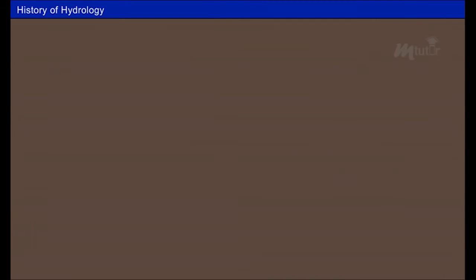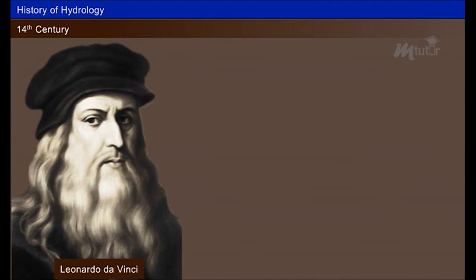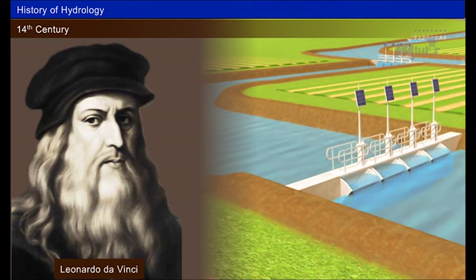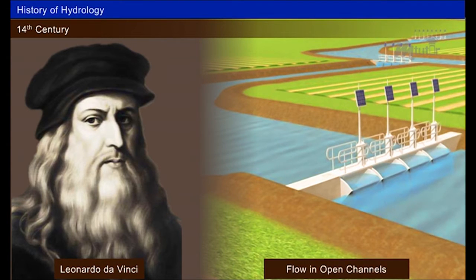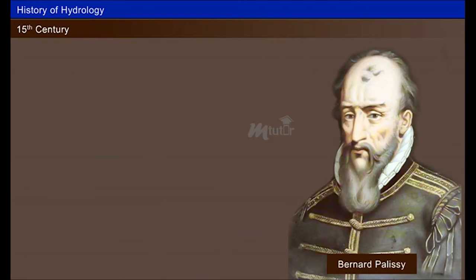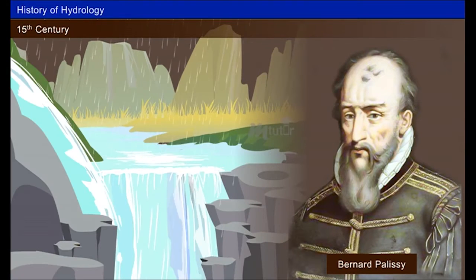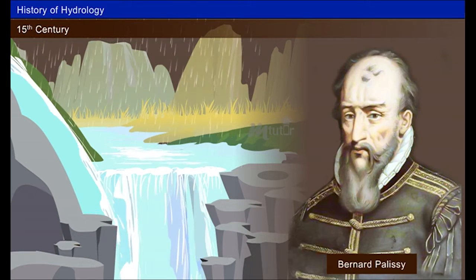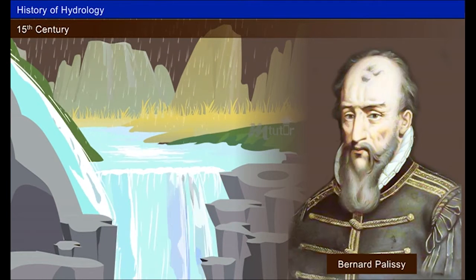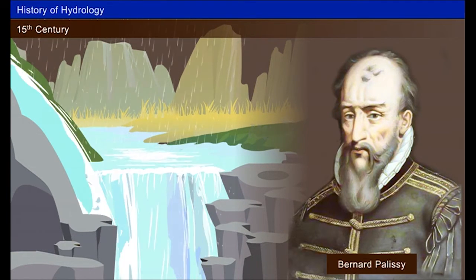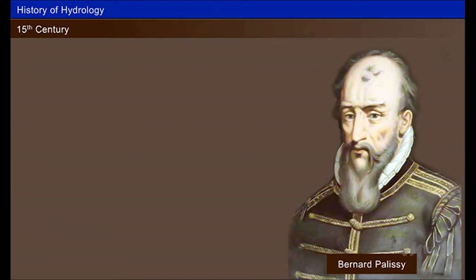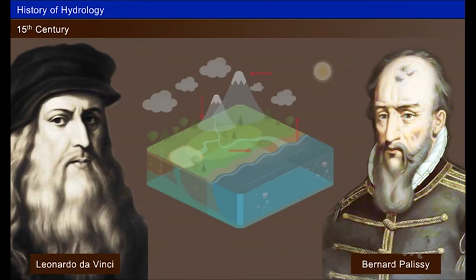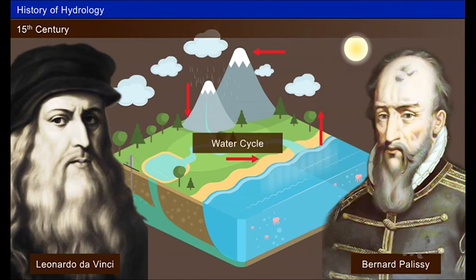In the late 14th century, Leonardo da Vinci was the first person to state the principles behind the flow in open channels. Bernard Palissy stated that rainfall was the only source of water for rivers and springs during the 15th century. During this period, Bernard Palissy and Leonardo da Vinci provided the concept of water cycle, which was recently referred to as the hydrological cycle.